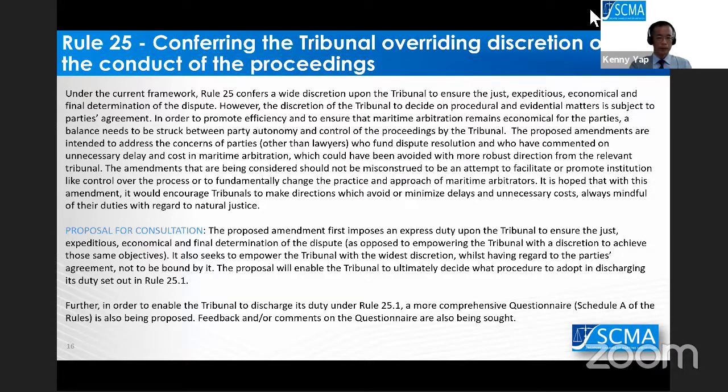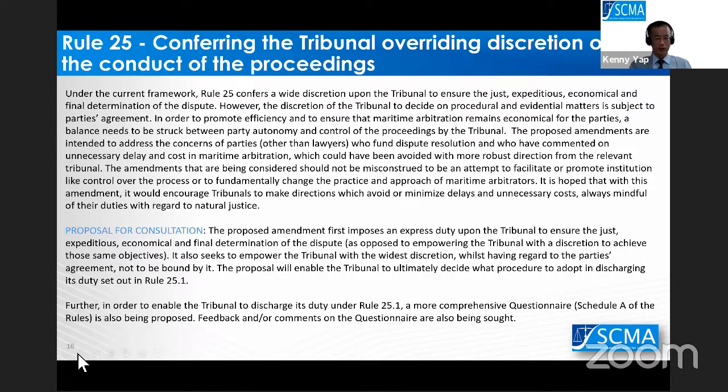The possible amendment should not be misconstrued as an attempt to promote institutional-like control over the process, or to fundamentally change the practice or approach of maritime arbitrators. Instead, we are hoping that this amendment will encourage tribunals to make directions that would minimize delay and cost, but at the same time, always be mindful of any agreements which have been made between the parties.